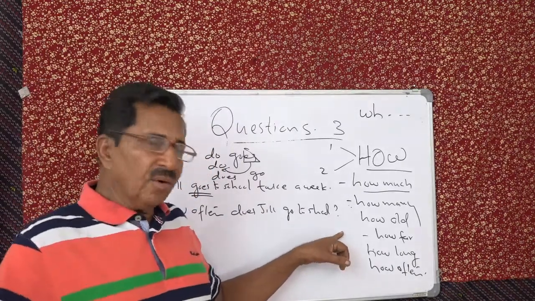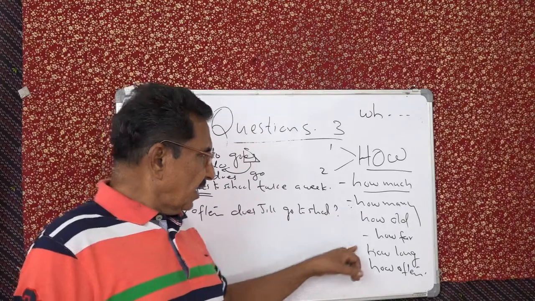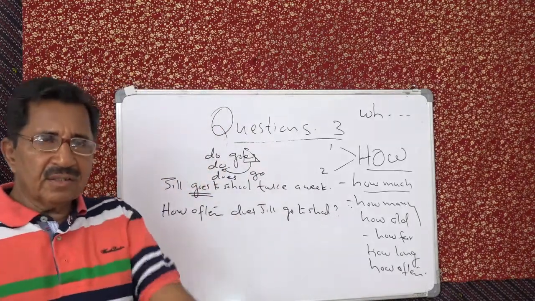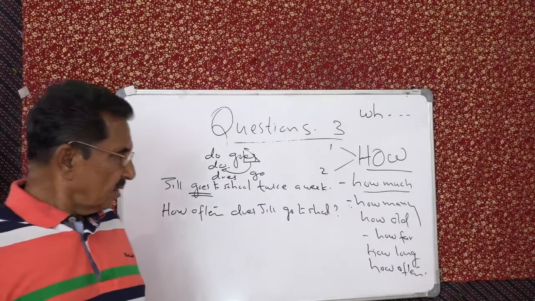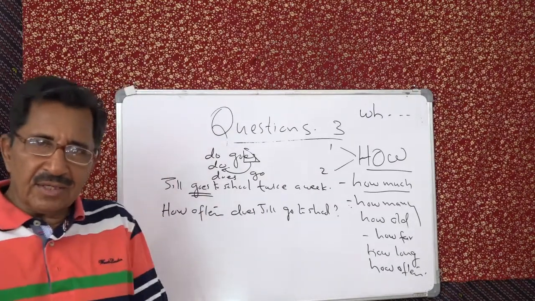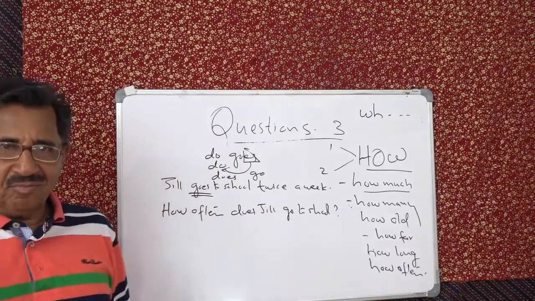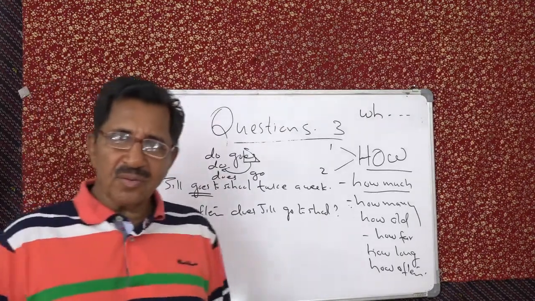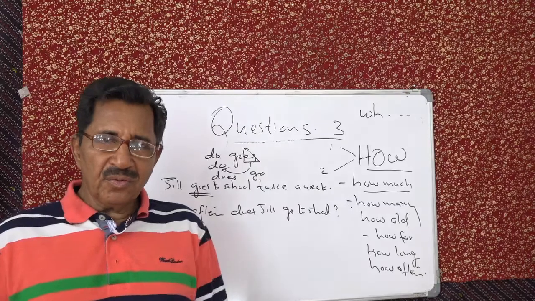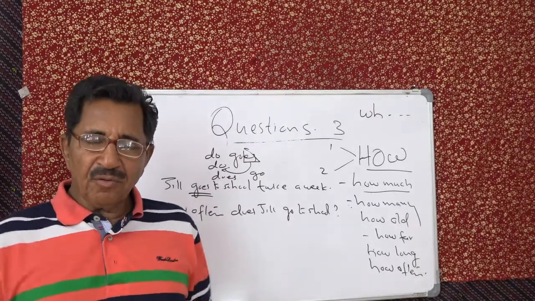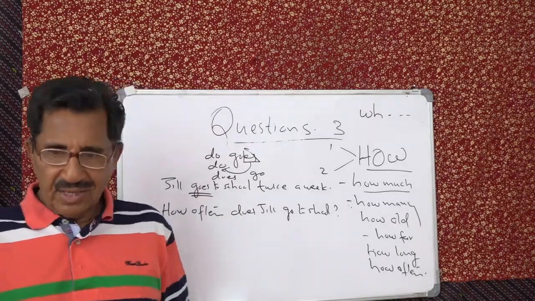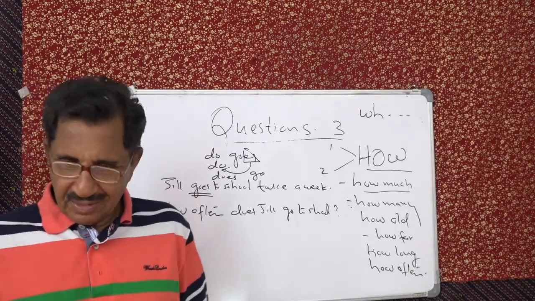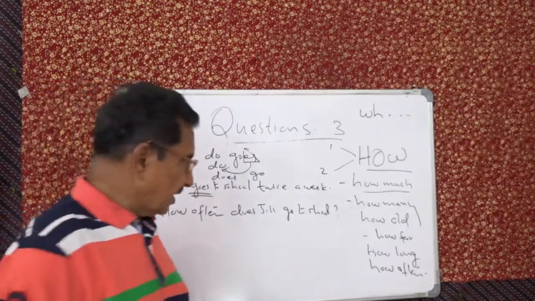How old are you? How old is it? Very simple. Yes. And how far? How far is this from here? Then how long? How long will it take to reach home? How often? How often do you use mobile? How often do you play mobile games? Never? Yes. Yeah, like that.